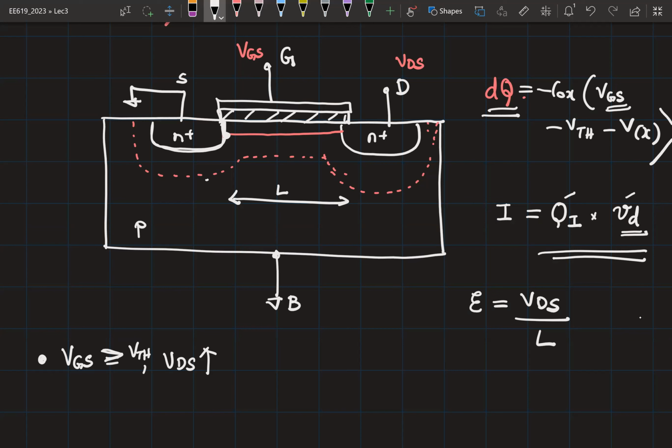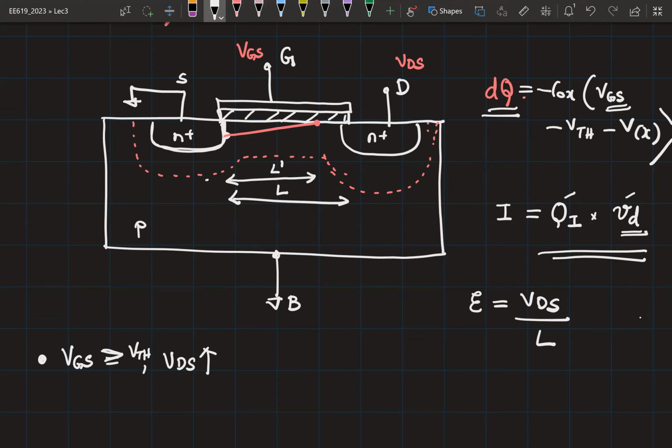Now, as I keep increasing VDS, what happens to the channel? It tapers more and more, and eventually we will hit pinch off. Okay. So let me exaggerate this a little bit. And let's say the channel is pinched off here. So now the new length of the channel is L dash.